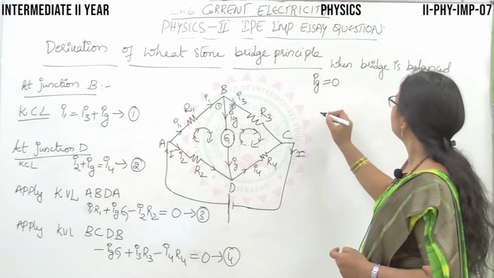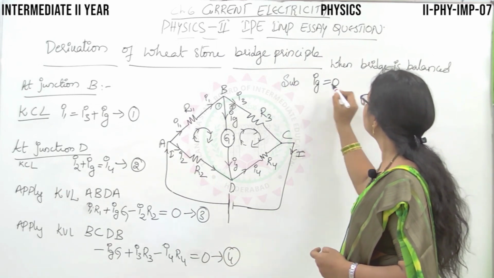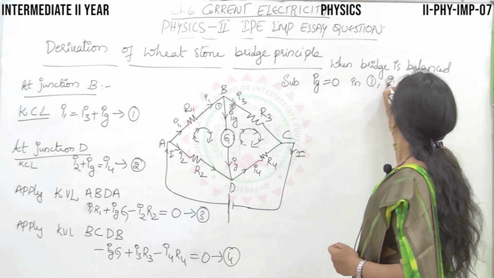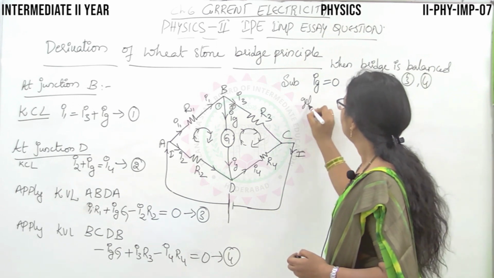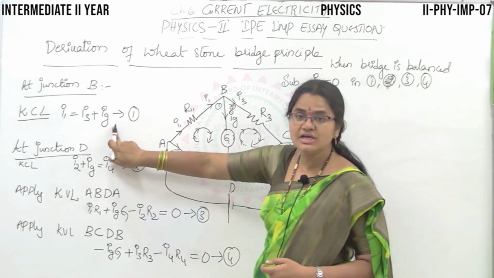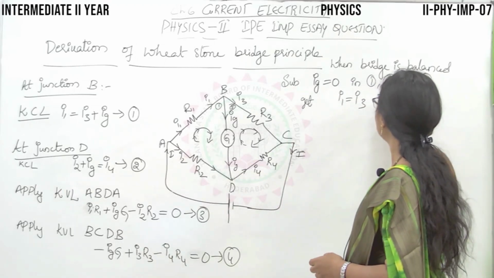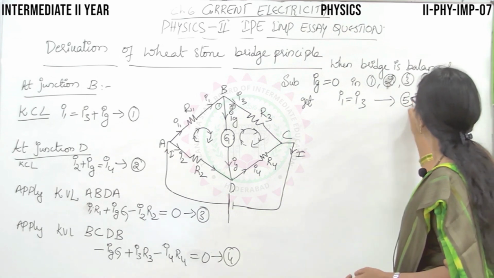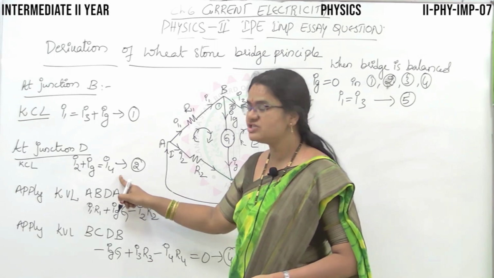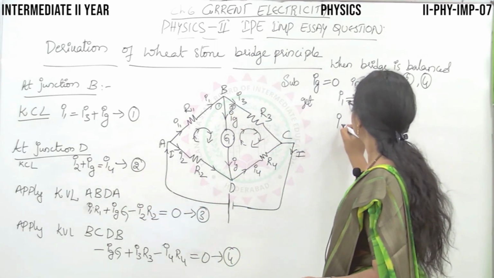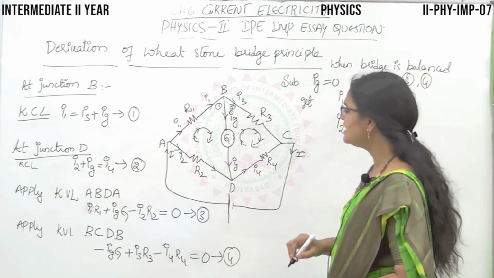First, if you substitute Ig equal to 0 in how many equations? 1, 2, 3, 4 equations. Substituting Ig equal to 0 in the first equation, we get I1 equal to I3. Let this be 5. Next, substituting the same Ig equal to 0 in the second equation, you get I2 equal to I4. See, equation 6.